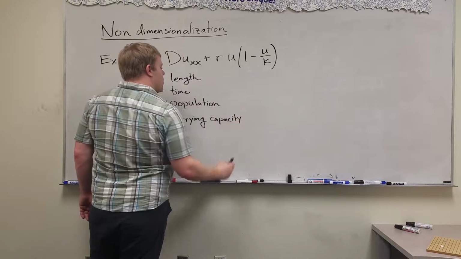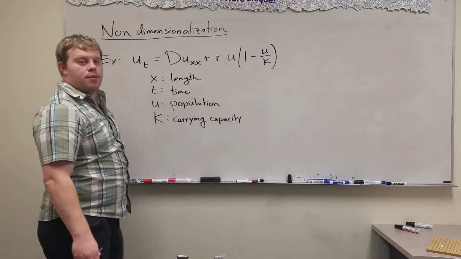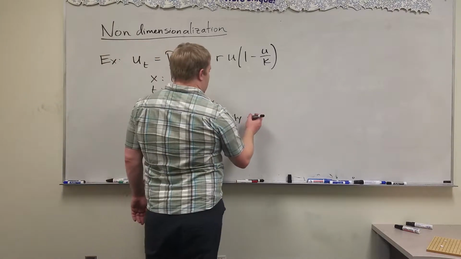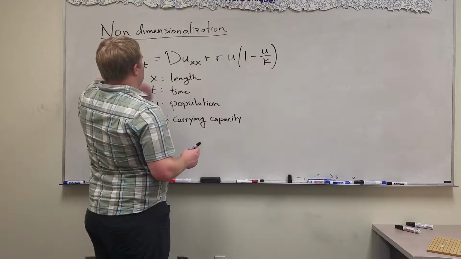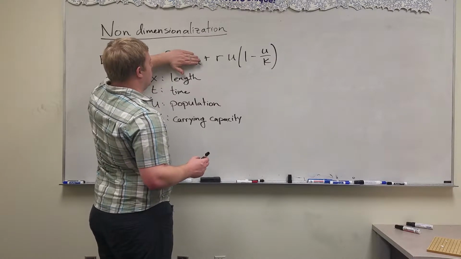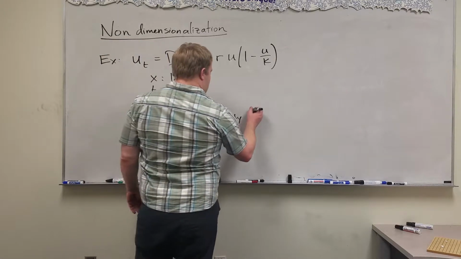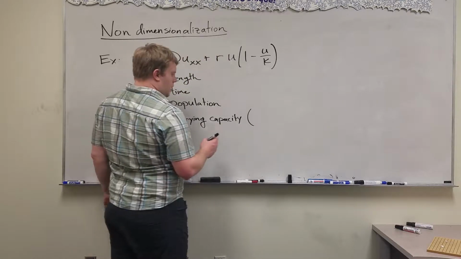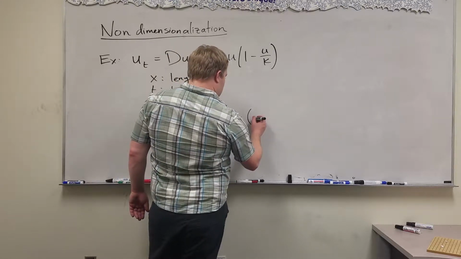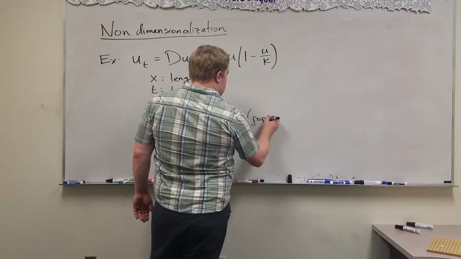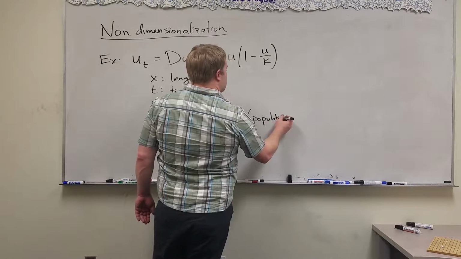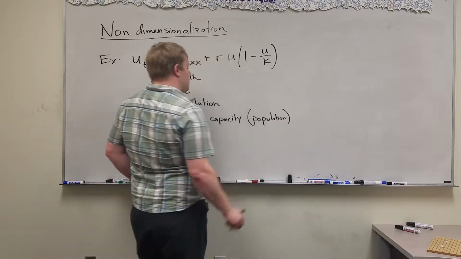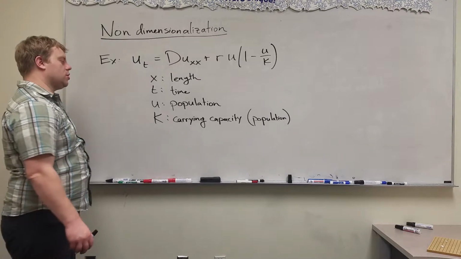And remember, this is like an equilibrium population size, at least if you were to take this term out. And so the carrying capacity describes a specific population size. The dimension of this is also population, just like u.